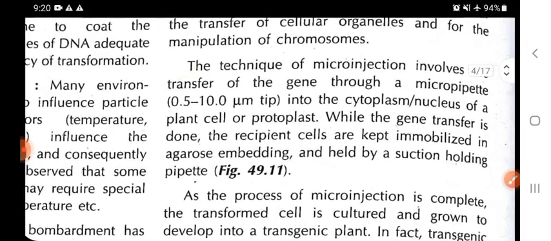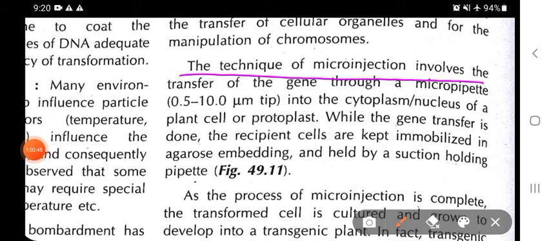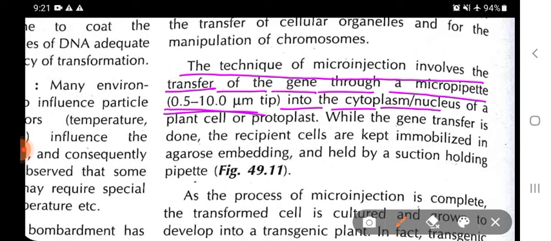Again, the technique of microinjection involves transfer of genes through a micropipette. A micropipette tip of about 0.5 to 10 micrometers is used, which contains our desirable DNA, and we introduce that DNA into the cytoplasm or the nucleus of our plant cell.